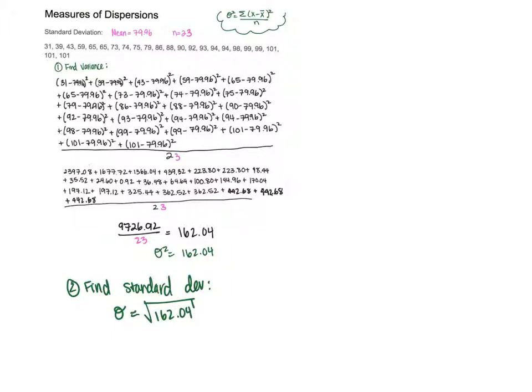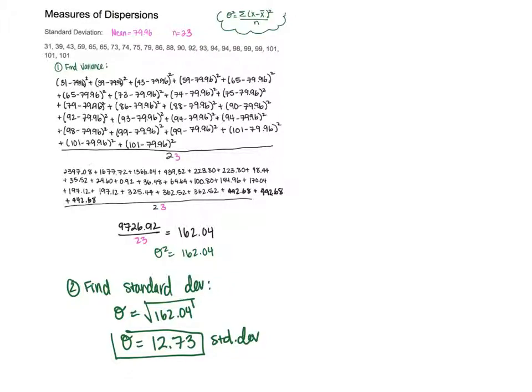If I take the square root of this number, I get about 12.73 as my standard deviation. Okay, so now I'm going to use this number here and go ahead and interpret the standard deviation in the next slide.